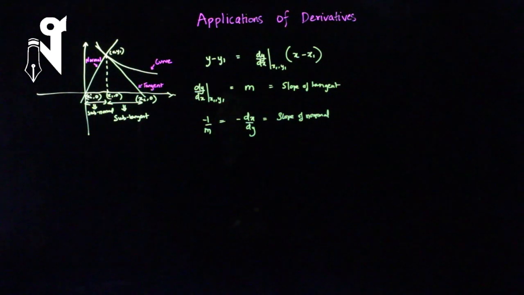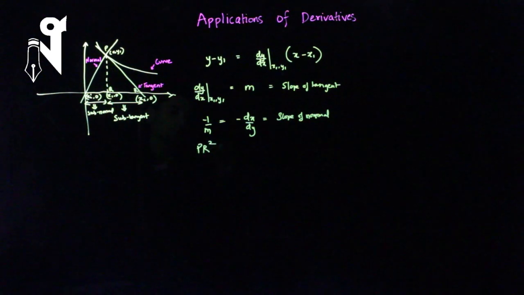Now that we have the equation, let's try to get the distance between x1, y1 and the x-intercept of the tangent. How will I get this distance? You can see that I have a right angle triangle. Let's take the points as P, Q and R. PQR is a right angle triangle, and what I want is the distance PR.